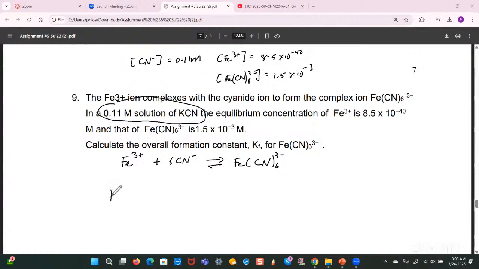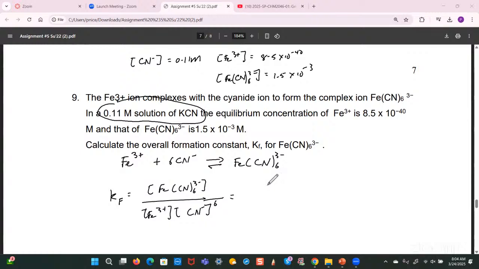So the expression for the Kf for the complex would be the concentration of Fe(CN)6 3 minus divided by the concentration of Fe3+ times the concentration of the cyanide raised to the 6. And then we plug the numbers in.